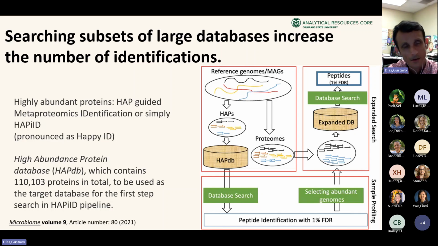Then, selecting all the proteomes of any of the organisms linked to the highly abundant proteins that we found in the profiling search, we build an expanded database that is more or less customized for our sample set. This strategy has also been tested. Actually, this is the one that we prefer here in the ARC to conduct our metaproteomics analysis.